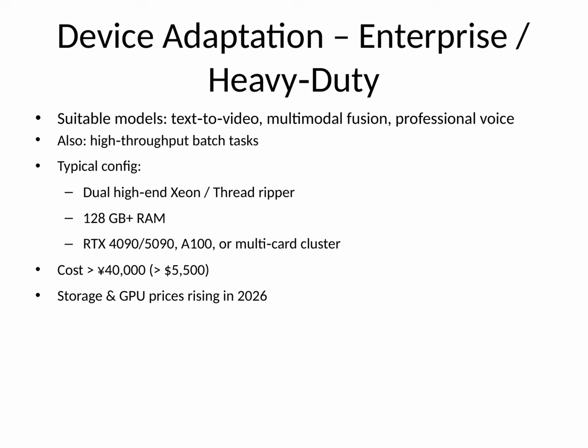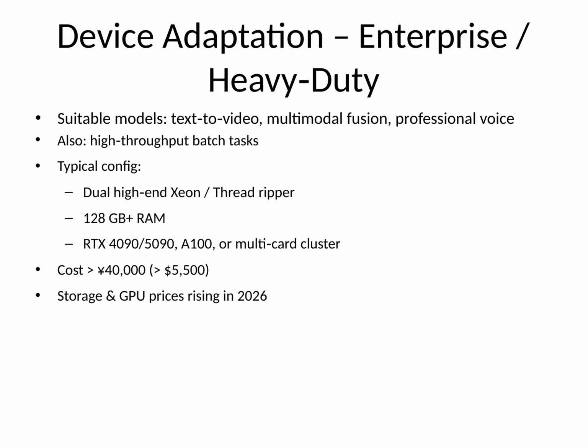Enterprise or heavy-duty deployments target far more demanding workloads. These include text-to-video generation, large multimodal fusion systems, professional voice platforms, and high-throughput batch processing. A typical configuration may involve dual high-end server CPUs, 128 gigabytes or more of system memory, and one or several top-tier GPUs.